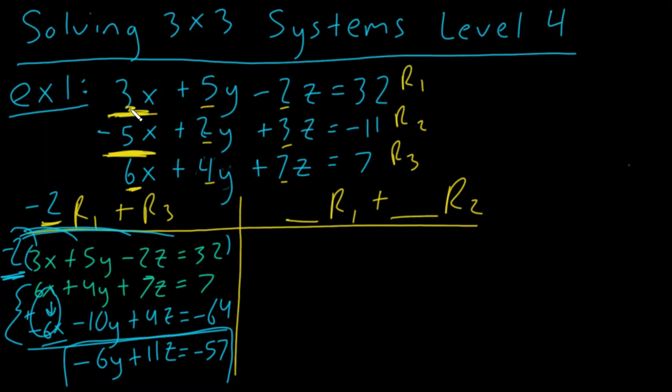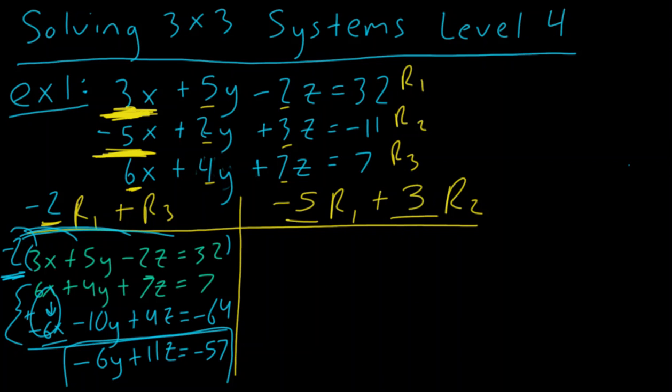As I look at row 1, I see a 3. And as I look at row 2, I see a negative 5. So I'm going to multiply row 1 by negative 5. Then I'm going to go to row 2, and row 1 has a 3, so I'm going to multiply row 2 by 3. I'm multiplying them by each other.